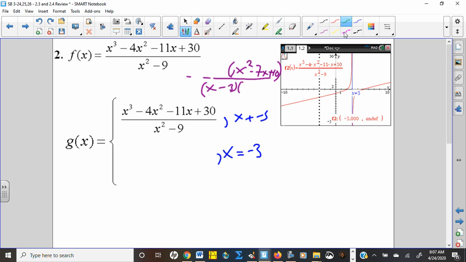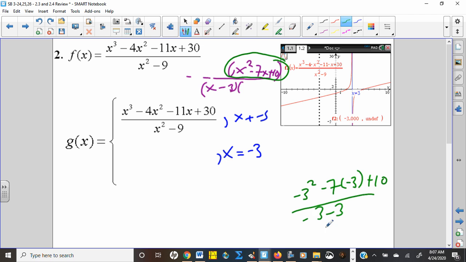So we're talking about plugging a -3 into x squared minus 7x plus 10. That's the remaining part of the function after the x plus 3's cancel. So we're going to get 9 plus 21 plus 10. So that's 40 over -6. So -40/6, that reduces to -20/3.